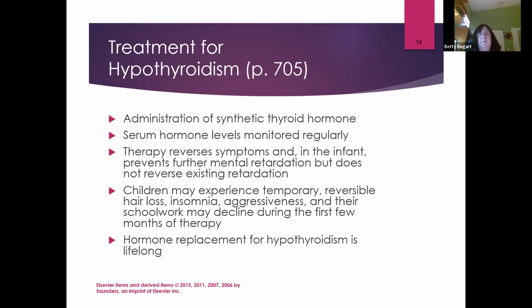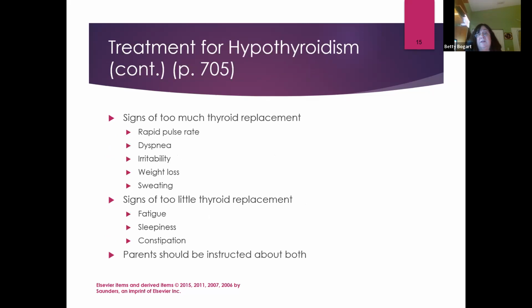Now, children with hypothyroidism, again, it's that hair and it's sleeplessness, aggressiveness can happen. Once they get that hormone level where it needs to be, these kids do really, really well. And it's something that they'll have to take for life. There's no cure. It's just your thyroid's not producing enough hormone, so you need to take those replacements.